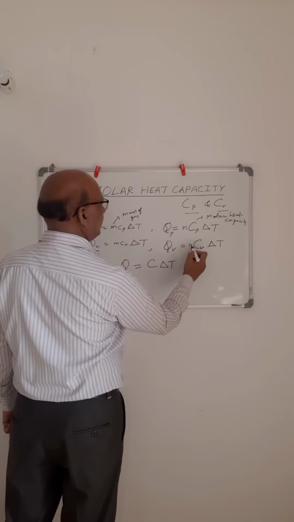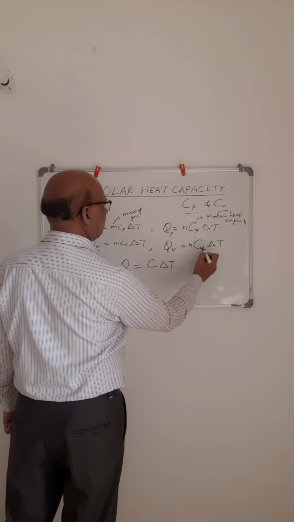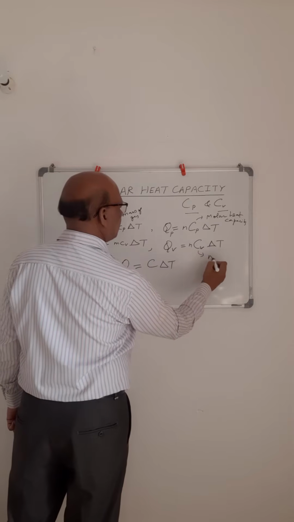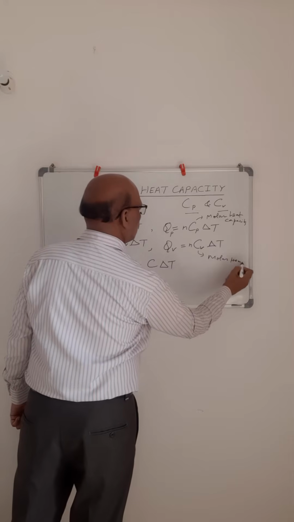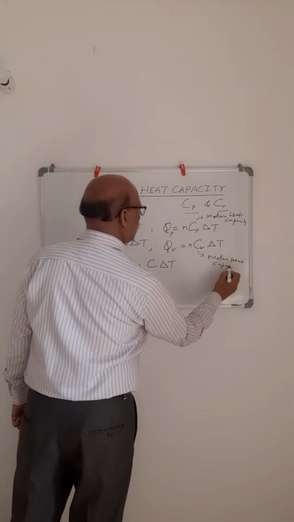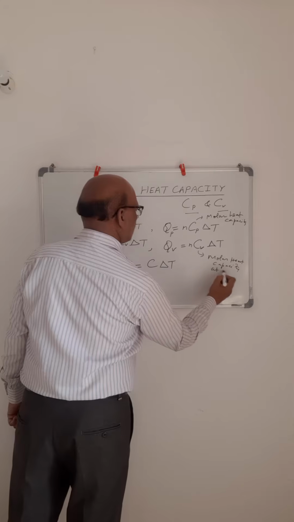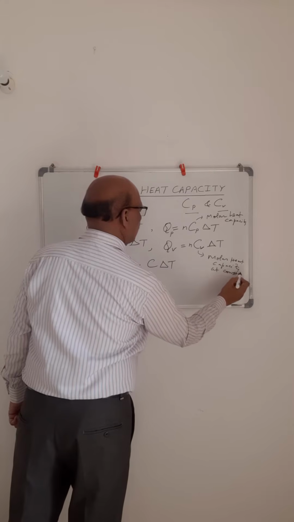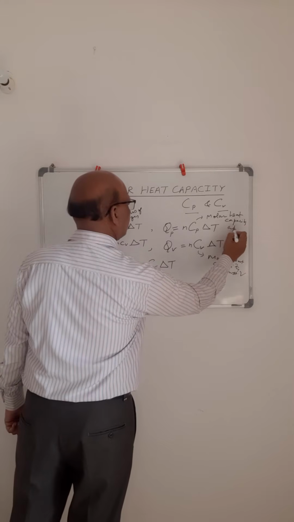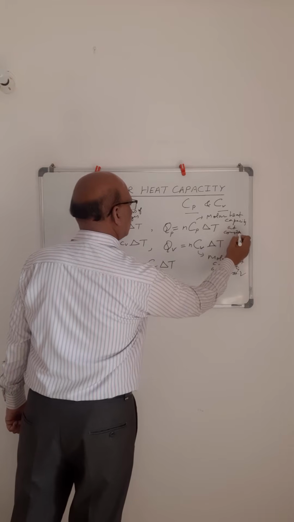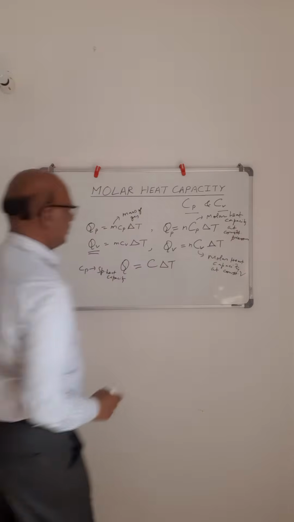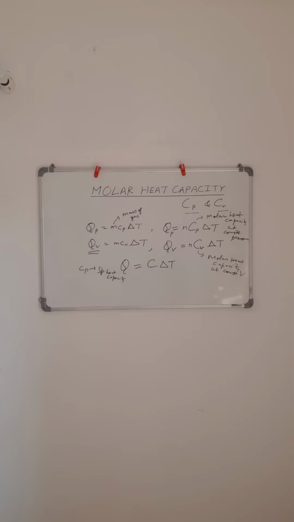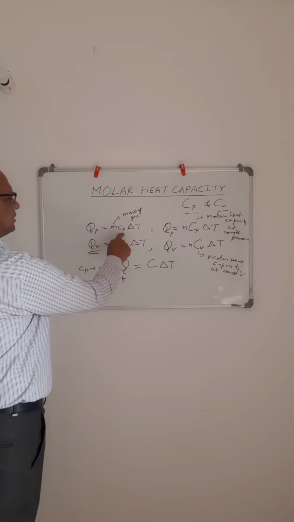It is equal to n, that is number of moles, multiplied by Cv, where Cv is the molar heat capacity at constant volume, and this was molar heat capacity at constant pressure.